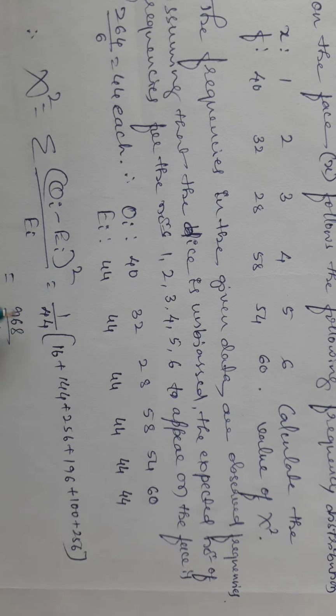Ei is common, so I will take 1 by 44 outside. The difference squares are 16, 144, 256, 196, 100, and 256. By simplifying we will get 22.